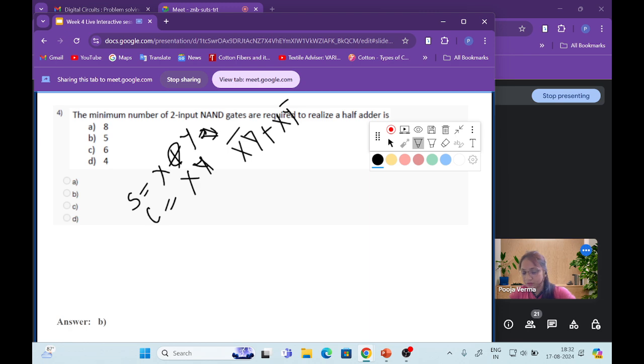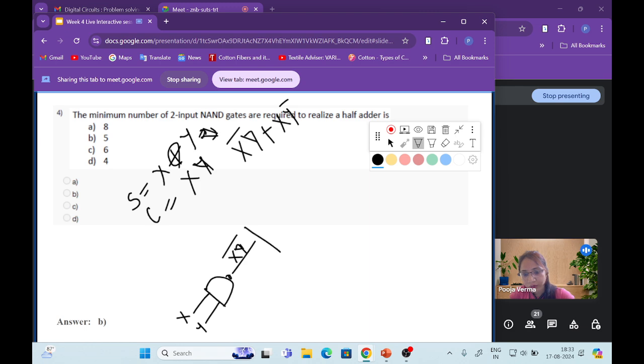So let's try to realize it using NAND gates. X and y. So what will we get here? X y bar, right?